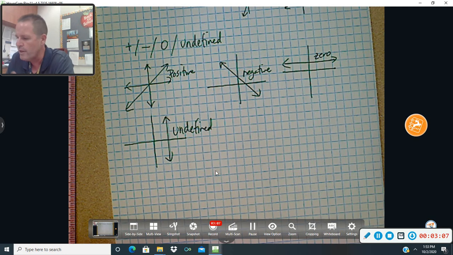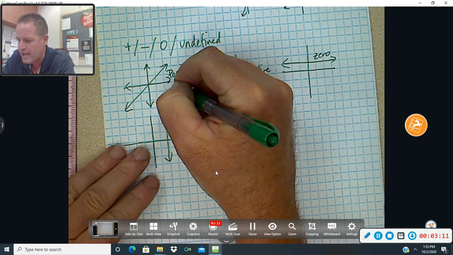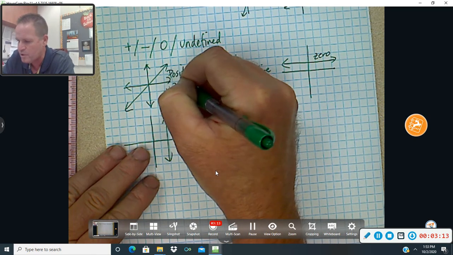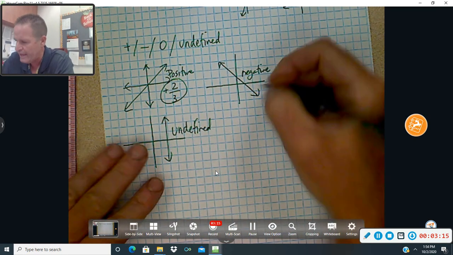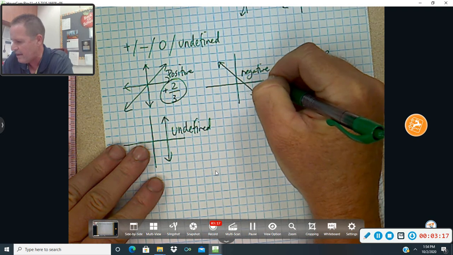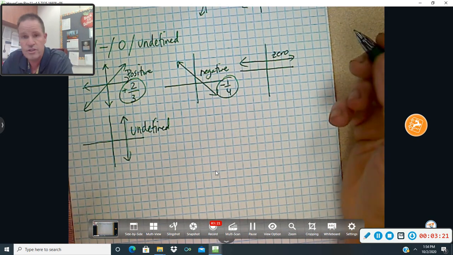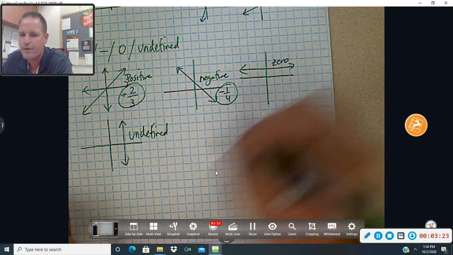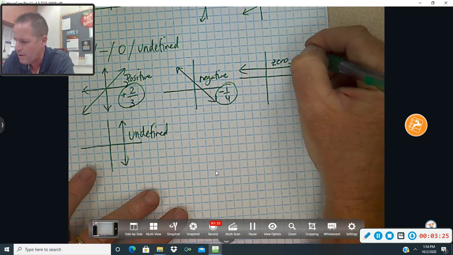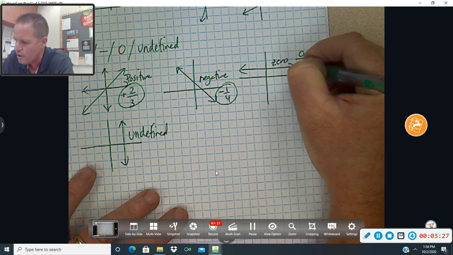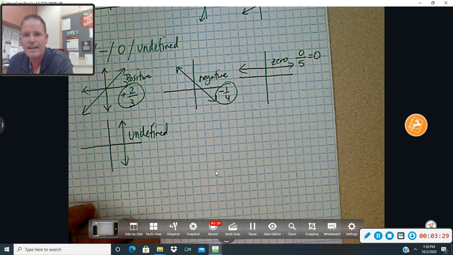Okay, now what do those look like in terms of answers? Well, positive is just that. It comes out to positive maybe 2/3. Negative is just that. It comes out to negative maybe 1/4. Okay, zero is just that. But now, how do I know zero from undefined? Here's how I know. If it comes out to 0 over 5, that's 0.